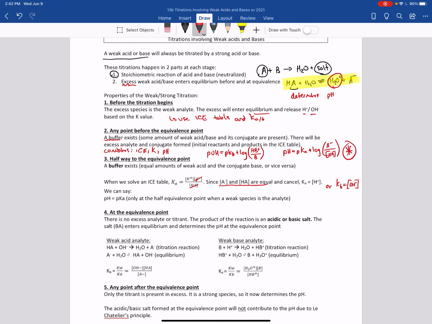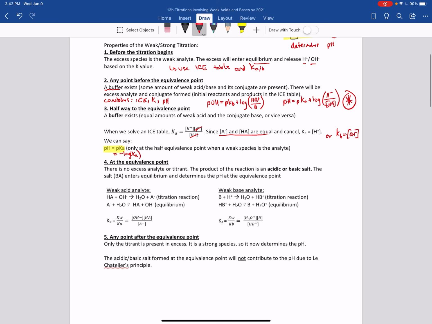And we can say that the pH is equal to pKa, or the negative log of the Ka value. The p represents the negative log in our terms. So these are all ways, just to remind you, of calculating the pH throughout a titration, and we'll go through the example calculations for that.